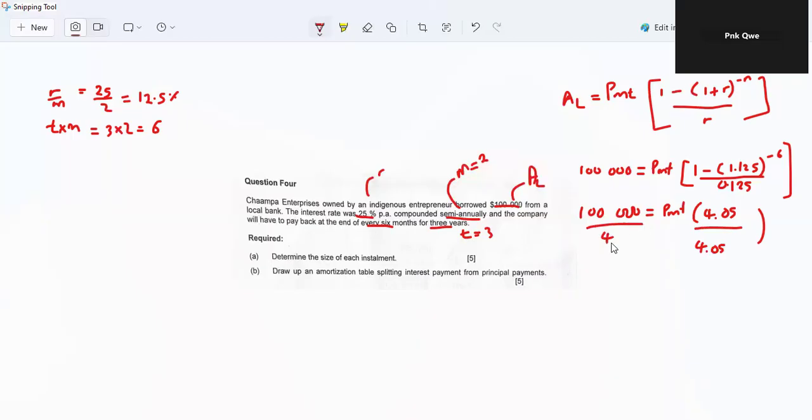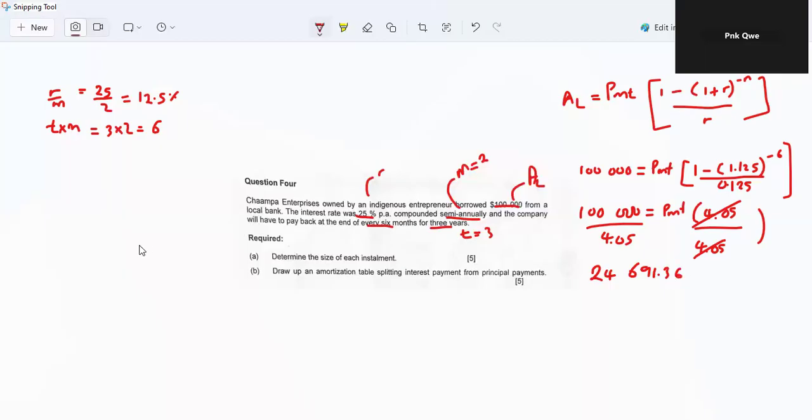So it becomes our periodic payment: 24,691.36.